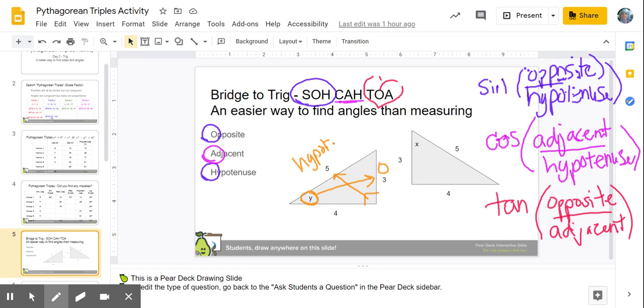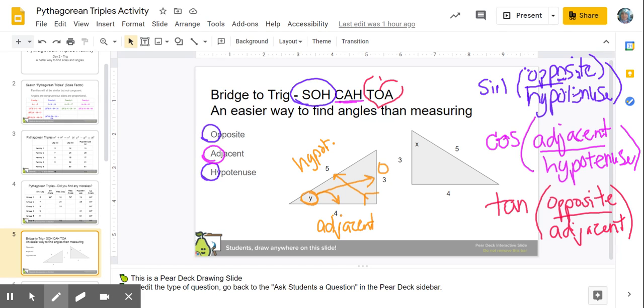Which means the other side is the adjacent side. Adjacent is the one right next door. It's the one that's most missed. So I always find my opposite first, my hypotenuse second, and then what's left over is the adjacent.